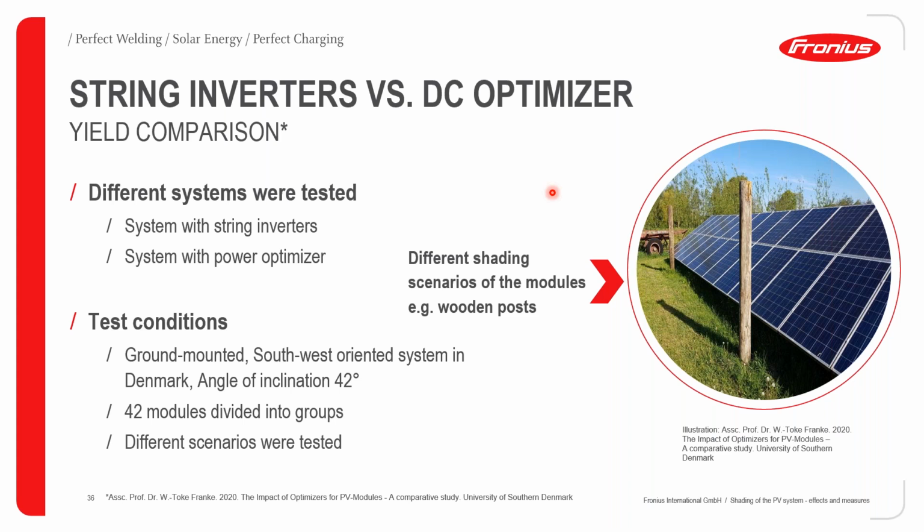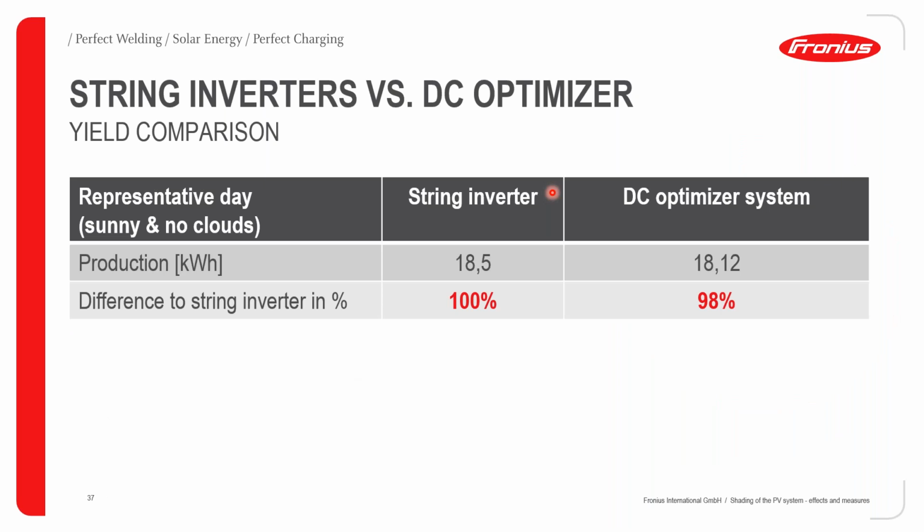In the next slide, we can see a comparison of the yield between a system that has a DC optimizer and a system that is only using the string inverter. So at no clouds, a very nice and sunny day, the string inverter, maybe as an example, the FRONIUS string inverter with only an inexpensive solution of a dynamic peak manager integrated, is giving you about 18.5 kilowatt hours.